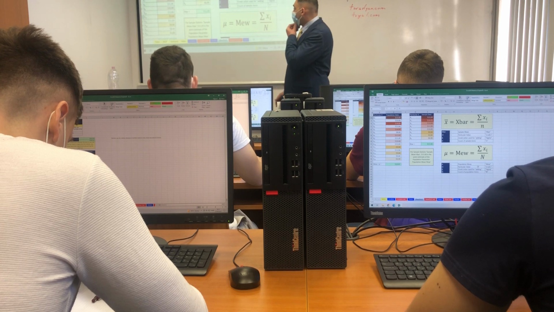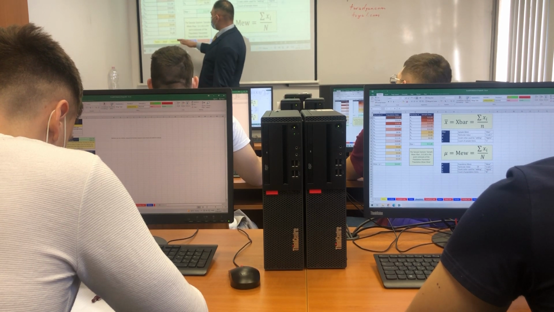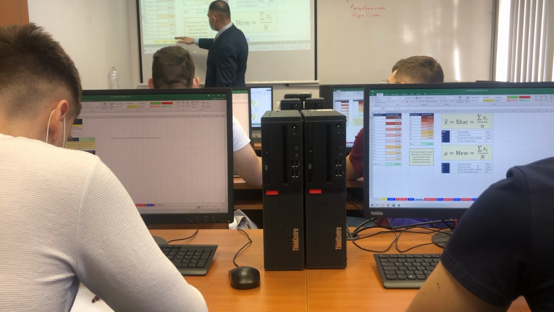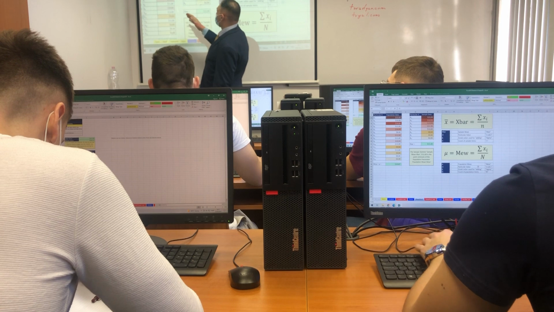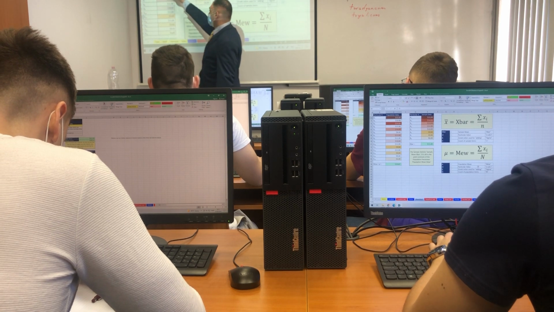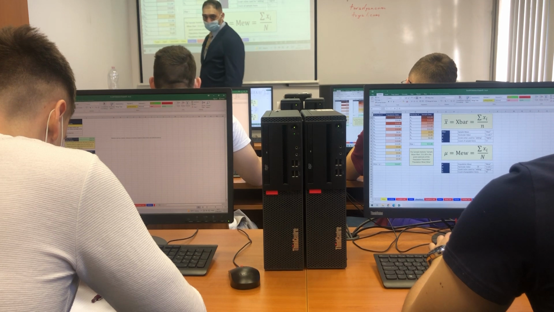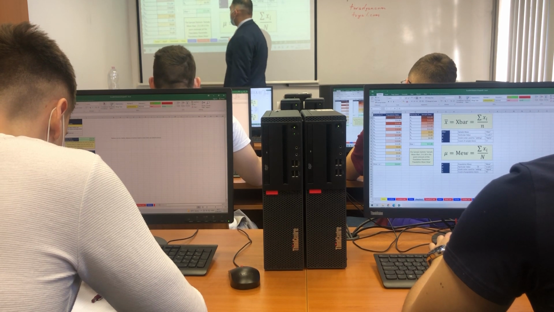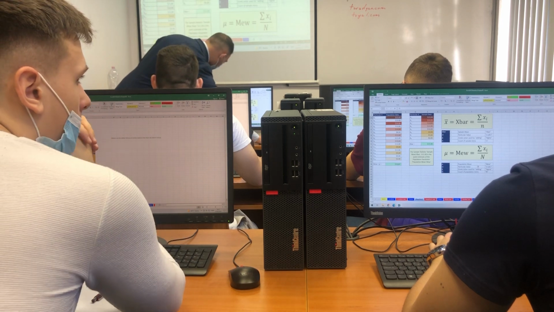Okay. This is our population. You can see it's sorted from the top, from the biggest to the lowest. This is our population, and its average is calculated here.